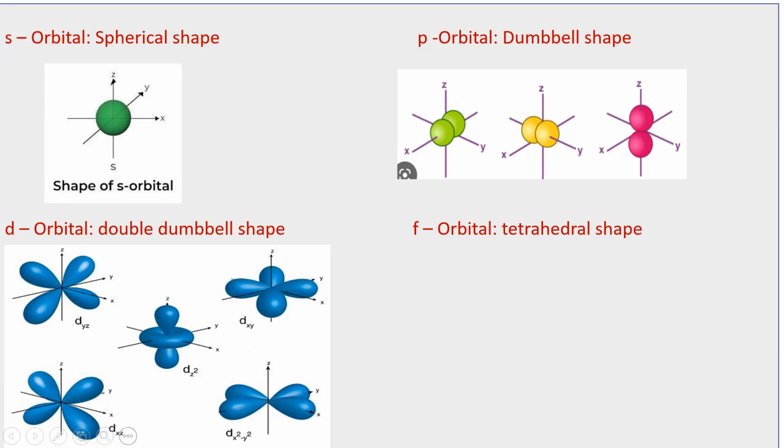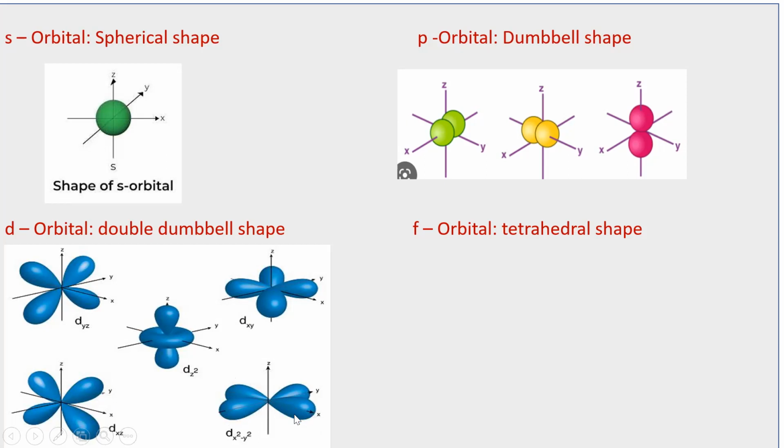Then the other one we have here is dxz, which means in the xz plane, and here dx square minus y square, which means it is in the xy plane, though not exactly. It's in between the axes: it is not along the x-axis but in between x and y, and here also in between x and y.